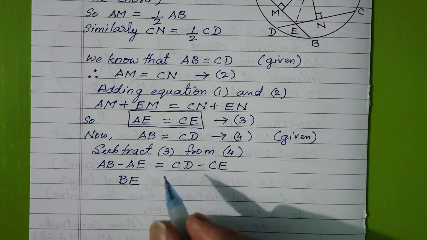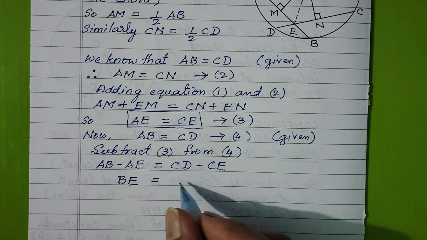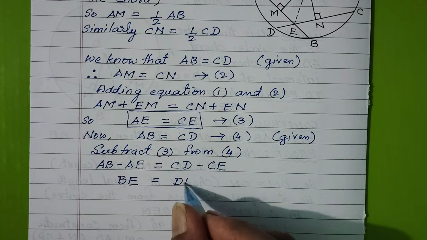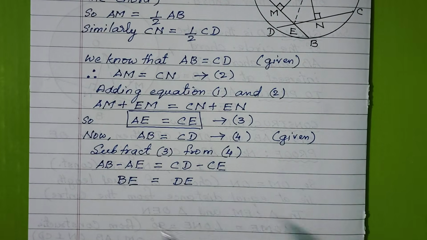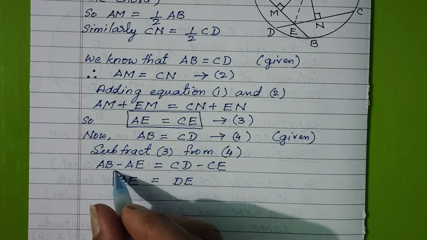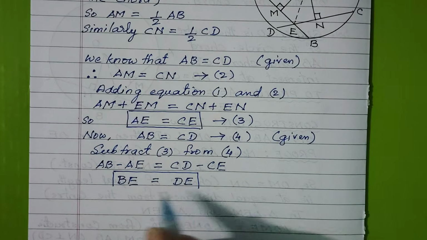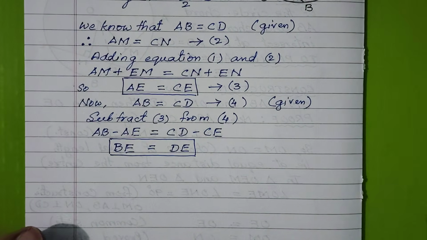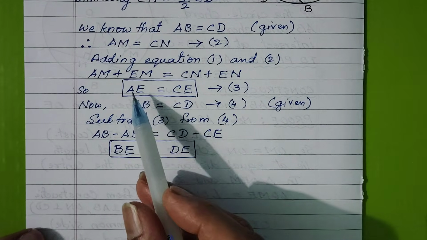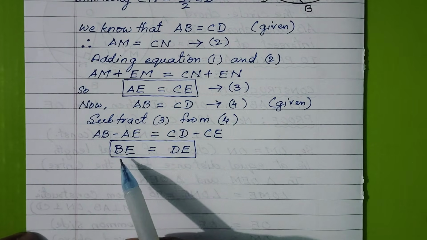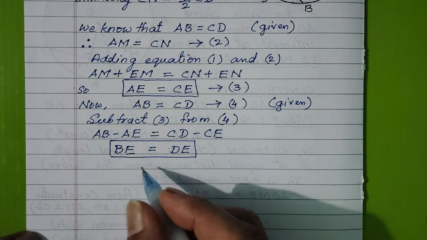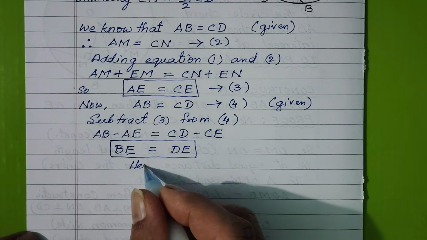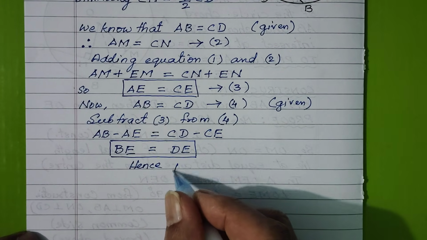So BE is equal to DE. So we have proved what we wanted. We have proved AE equal to CE and BE equal to DE. Hence proved.